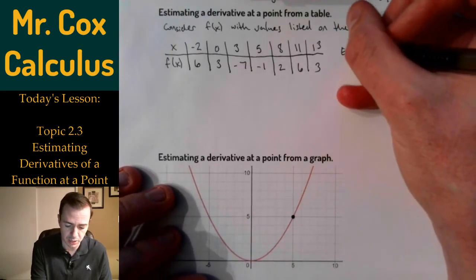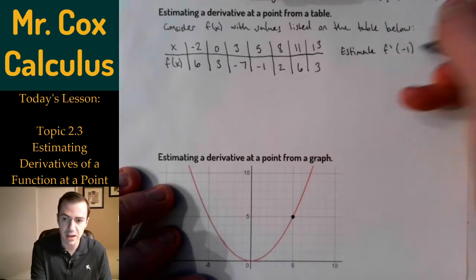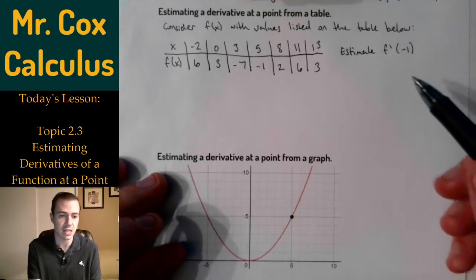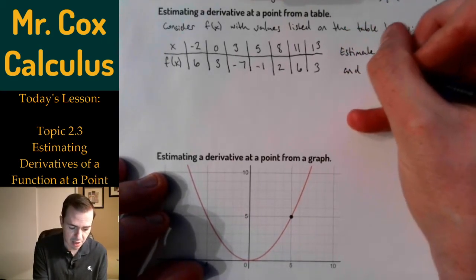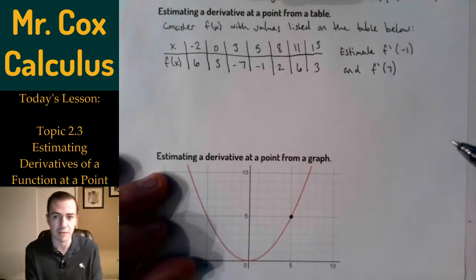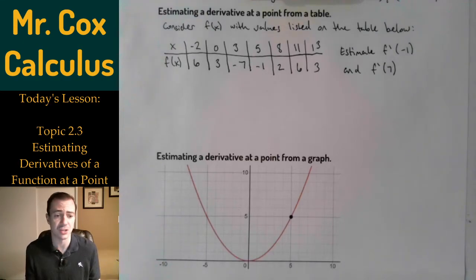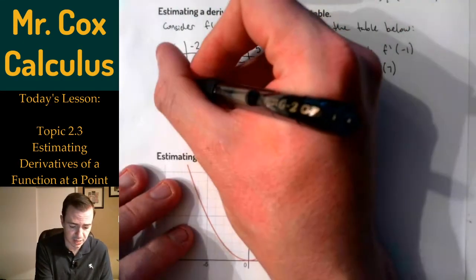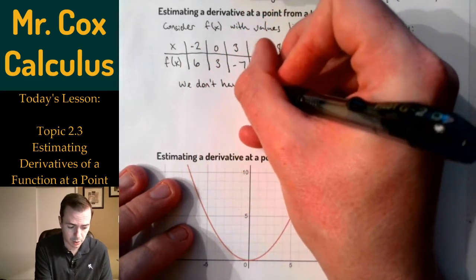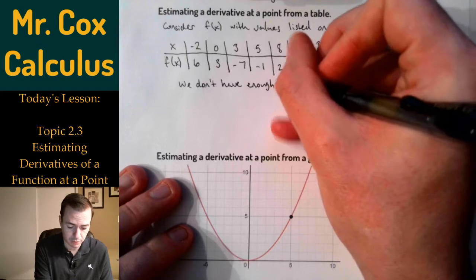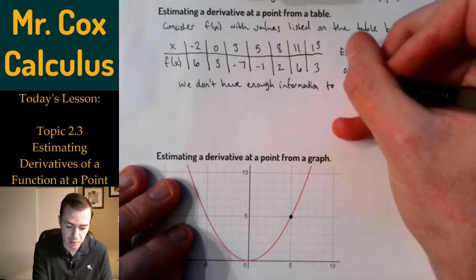What I want to do is estimate f prime of -1, in other words, the instantaneous rate of change at -1, and let's also do f prime of 7. We don't have any other information about f of x, so let's say we don't have enough information to find f prime of x.